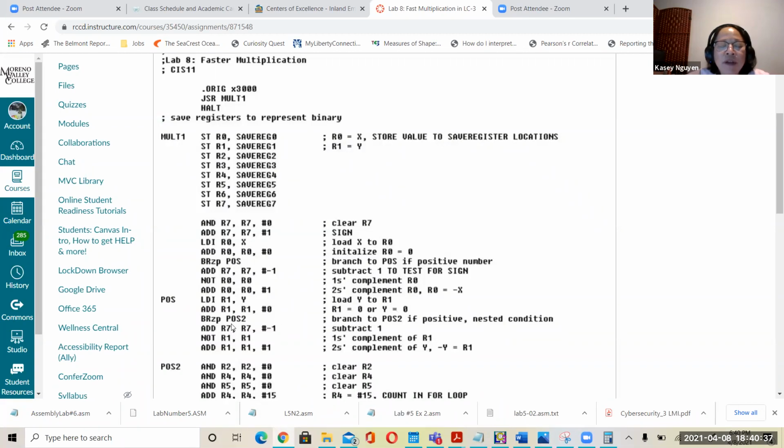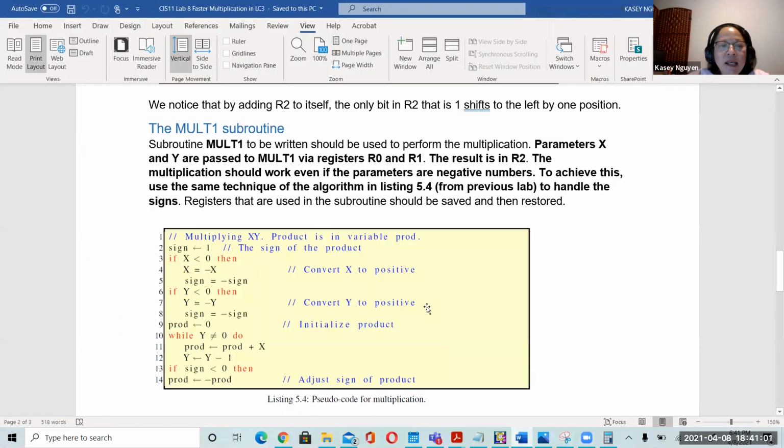And then we want to branch for 0 or positive, and we would then send it to pos 2, which is the next section. And this is the nested condition. Okay, so we are going to nest the if in that now. So flipping back to here, we are doing this part right now. Okay, got it?